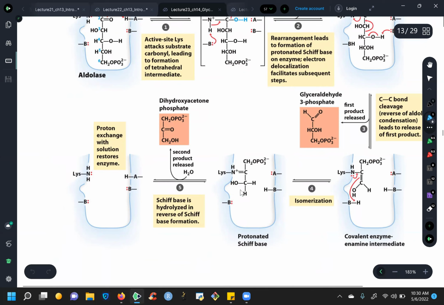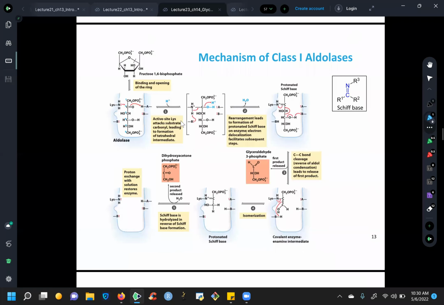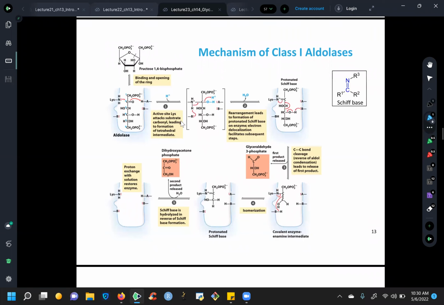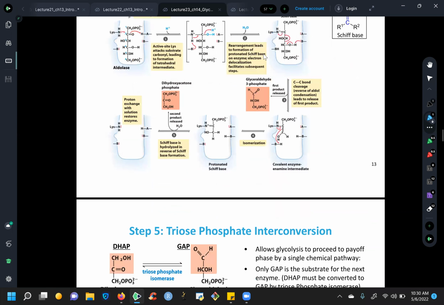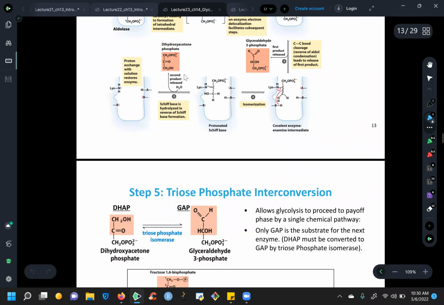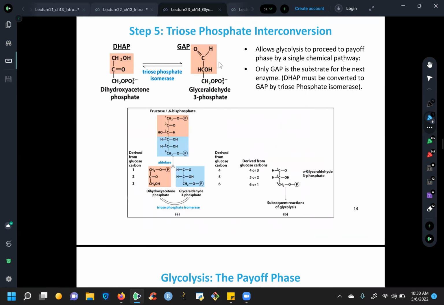So water comes in to break that bond to release this guy, and now it's set free. Dihydroxyacetone phosphate, it's set free. So the aldolase is just how this enzyme active site breaks that 6-carbon molecule into the 2 3-carbon molecules, glyceraldehyde 3-phosphate and dihydroxyacetone phosphate.